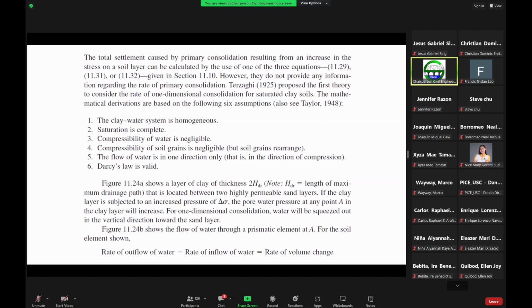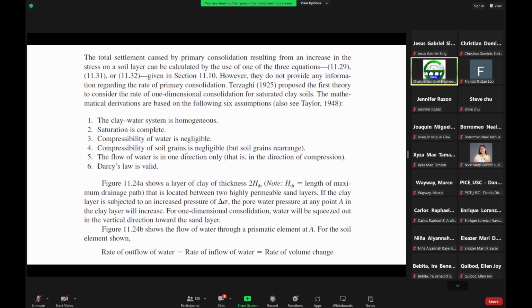Now, the mathematical derivations for these equations are based on the following six assumptions here. First, the clay water system is homogeneous. And then saturation is complete. So that means you have a fully saturated soil, which is below the groundwater level. And then compressibility of water is negligible. That means water will not compress.